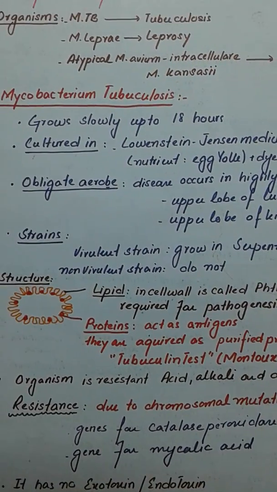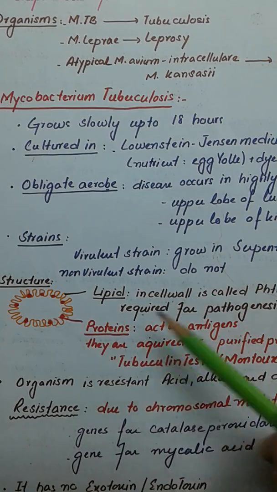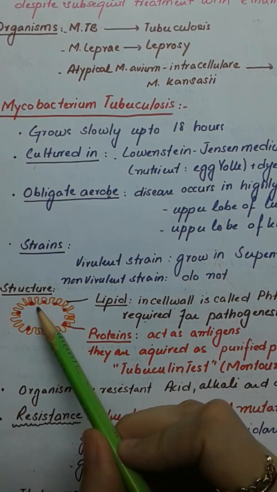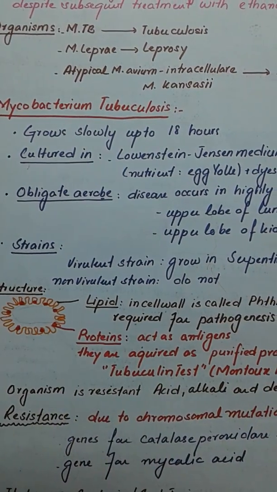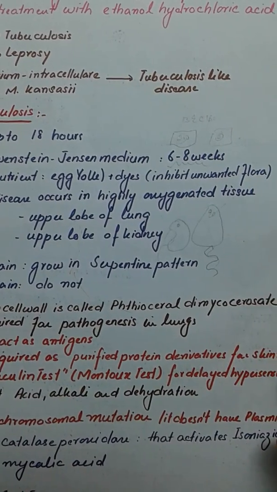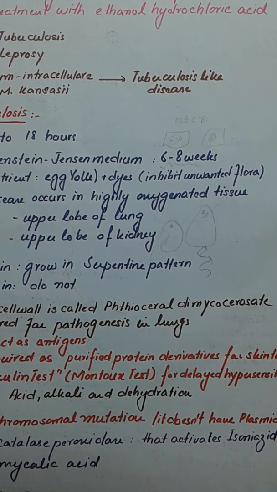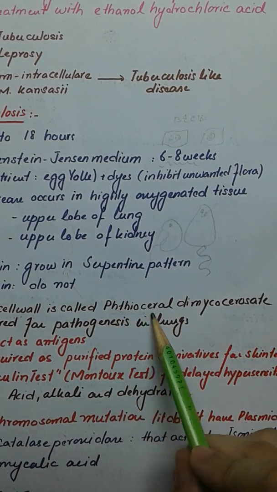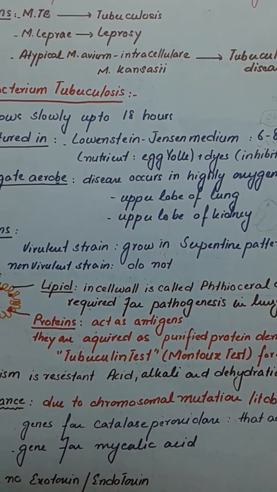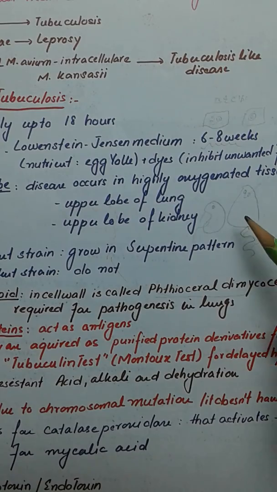Apart from the lipid present in the cell membrane, the cell wall is also made up of lipid. Now, this lipid is known as phthiocerol dimycocerosate. Now, this is required for pathogenesis in the lungs.